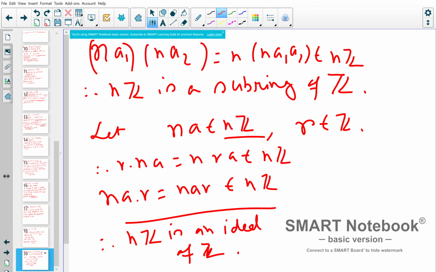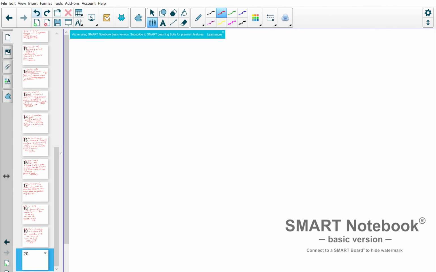Now let me give some more examples. Let me start with a polynomial ring, the simple polynomial ring Z[x]. This is the collection of all polynomials with integer coefficients.